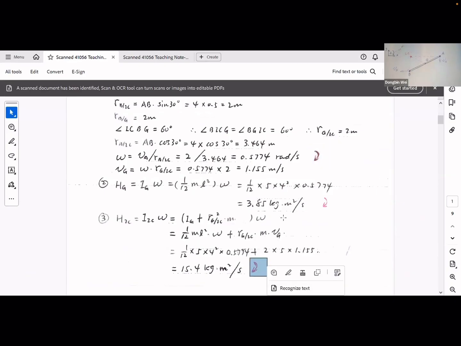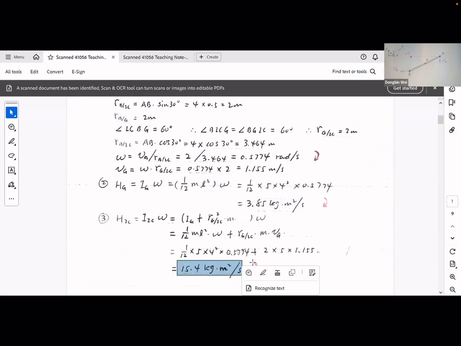Now, have a look at the magnitude of angular momentum about point G and the angular momentum about point IC. You will see that about the two different points, the magnitude of the angular momentum of the rigid body is different.